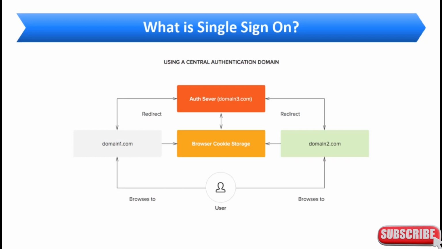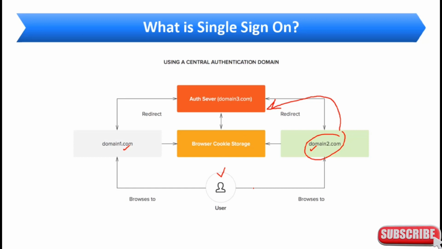You can see here, I'll just choose my pen. Here is the user and he's browsing to domain 1 as well as to domain 2. Now he is required to sign in to domain 1 as well as to domain 2. When he is required to sign in to domain 2, domain 2 redirects him to the authentication server, and we can sometimes see a button on the website saying log in with Google.